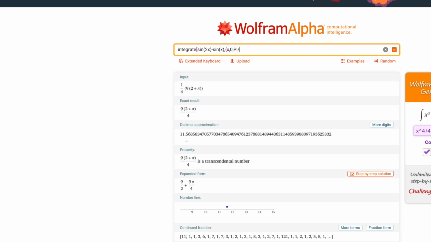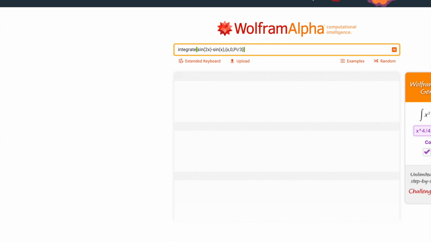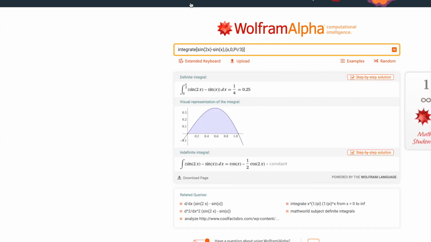Let me write pi over 3. Hopefully he knows what he's doing. Okay, so let me see what is the first integral. I got 1 over 4. So you see 1 over 4 is correct. Okay, so the first integral I haven't done any mistakes.